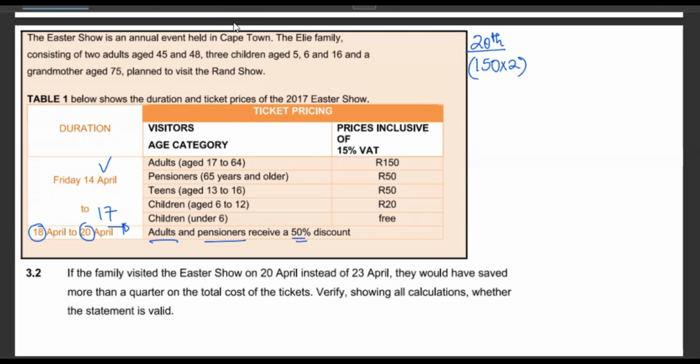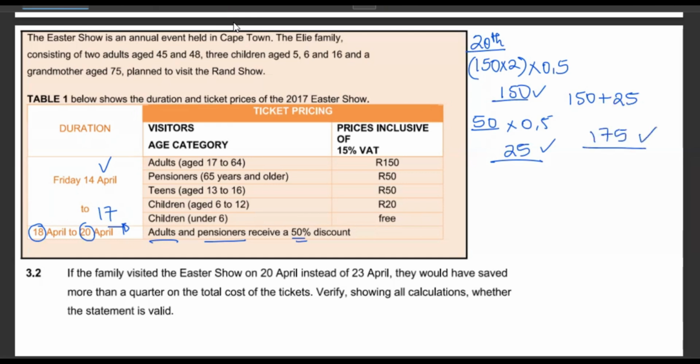When you get this and you look for the discount, you remain with 150. That's the money for the adults. Then the pensioner, it's 50 times 0.5. We end up having 25 rands. So the discounted money, all in all, is 150 rand from the adults and the 25 from the pensioner, which is 175. Keep it aside.